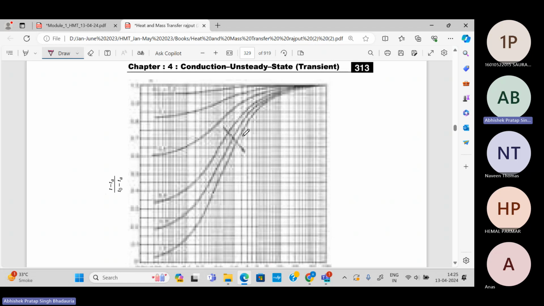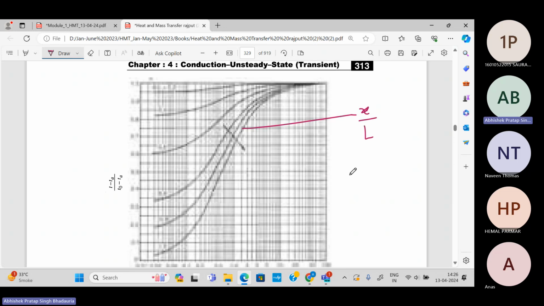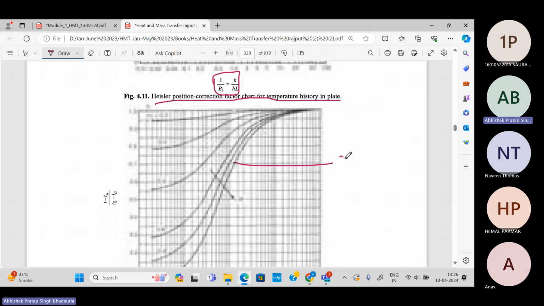These curves are expressed in terms of x by L for the plate, and in terms of small r by capital R in case of cylinders and spheres.